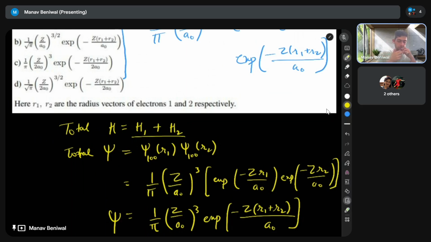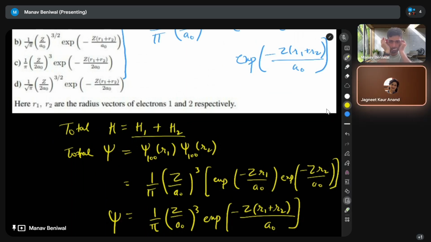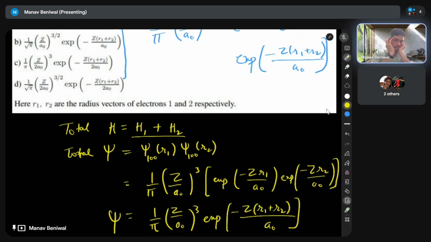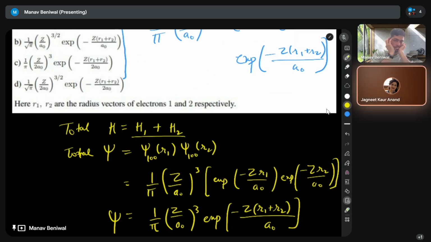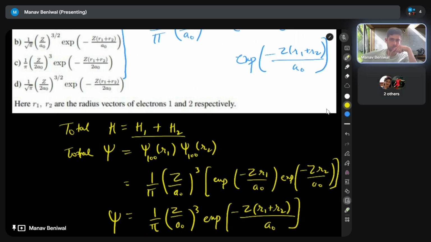Okay. Any doubts? How far is this approximation from the actual situation? This approximation that they are not interacting, how far is it different from the actual situation? In reality, both the electrons have opposite spin. So, spins, yes.